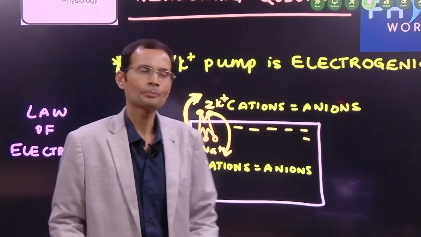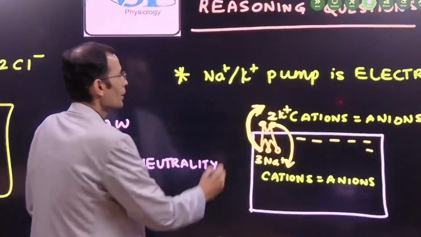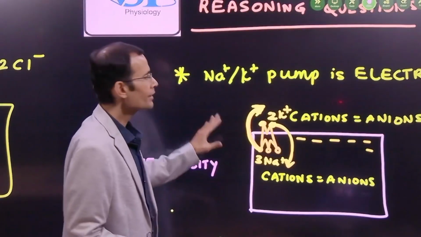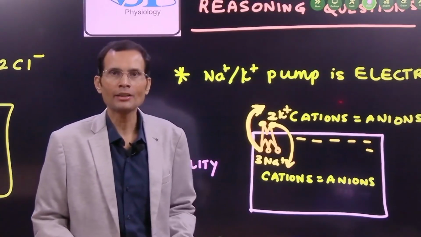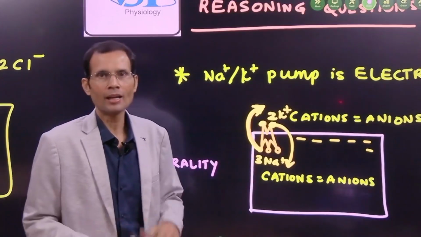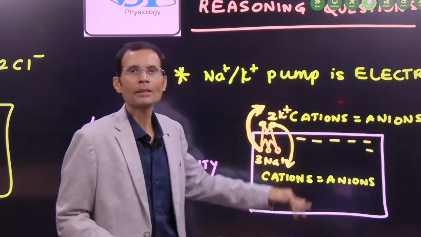And why so? Let's understand. Our starting point for understanding is that there is law of electroneutrality as a starting point. So there are equal number of cations and anions on either side of the membrane.